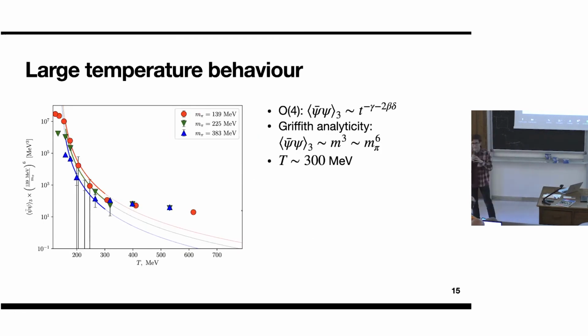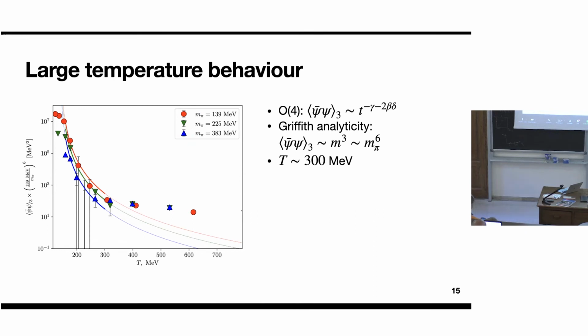Now let's look at the large temperature behavior of this quantity. Here on this plot, I showed this psi bar psi 3 divided by m pi to the 4, or quark mass cubed.